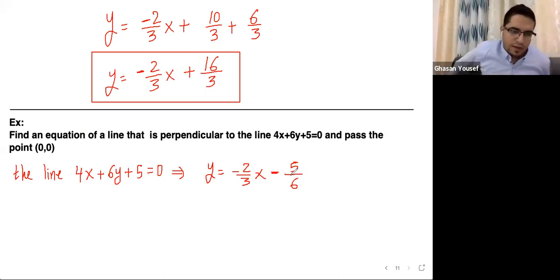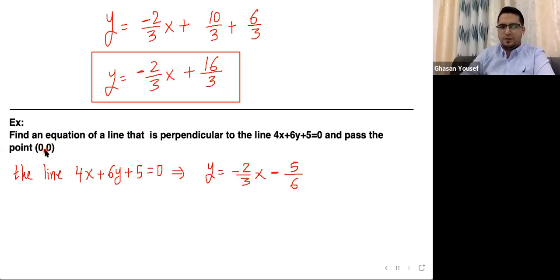Now, how can we solve a question like this? They give you another line. The other line is perpendicular to the line that they asked me the equation for. And they also give me the point.